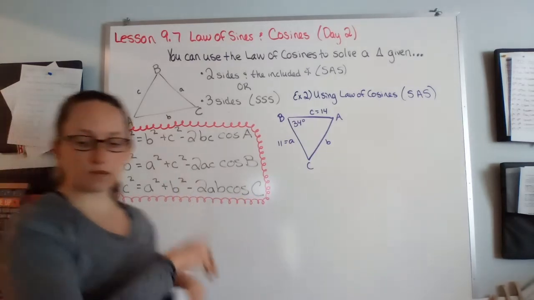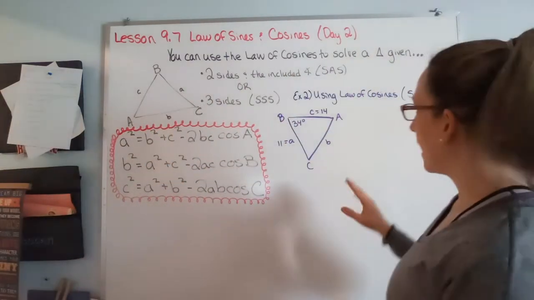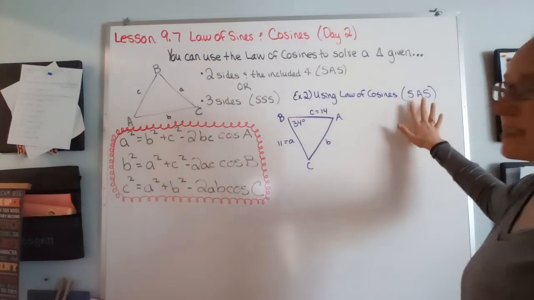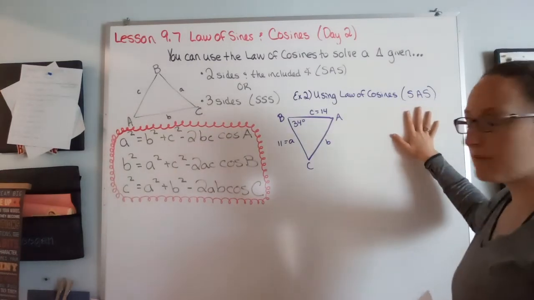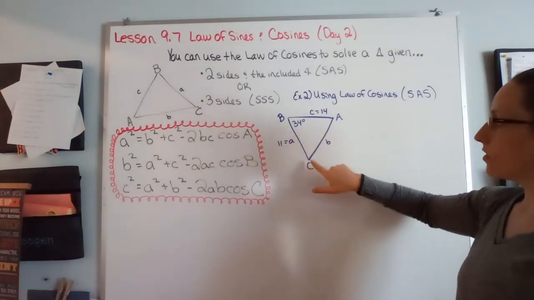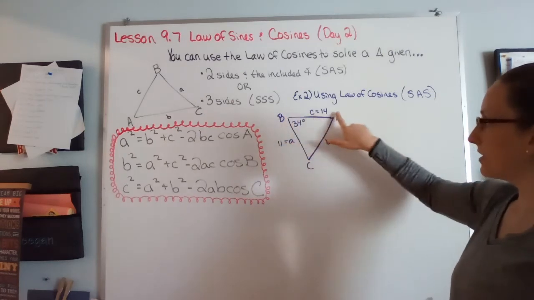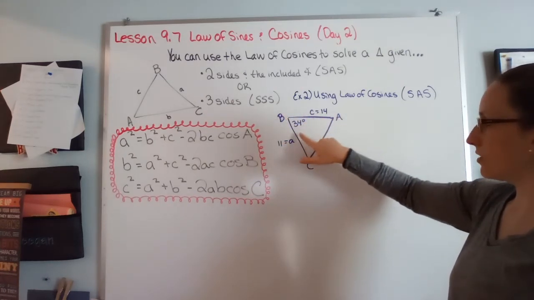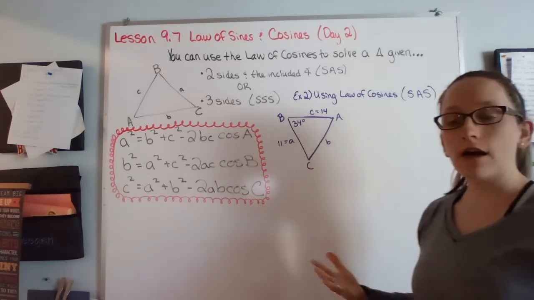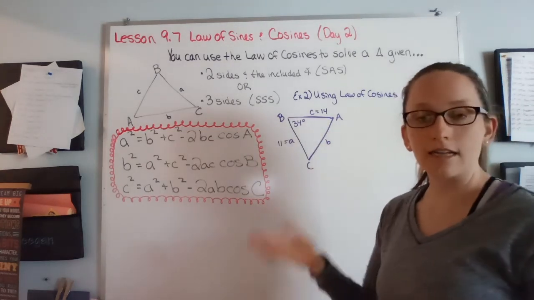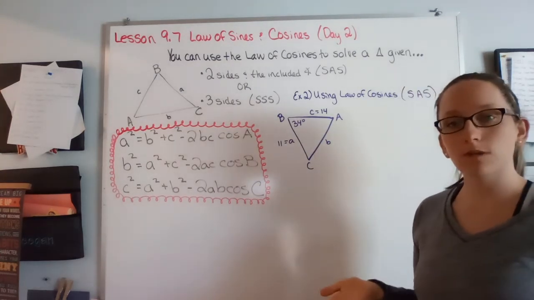Let's jump over to the first problem we're going to look at today. We're going to use law of cosines, and this is our side-angle-side example. You can see the given triangle. I labeled the two sides, 14 and 11, and the included angle is 34. If I tried to use law of sines from yesterday, it wouldn't work because there'd be too many unknowns.